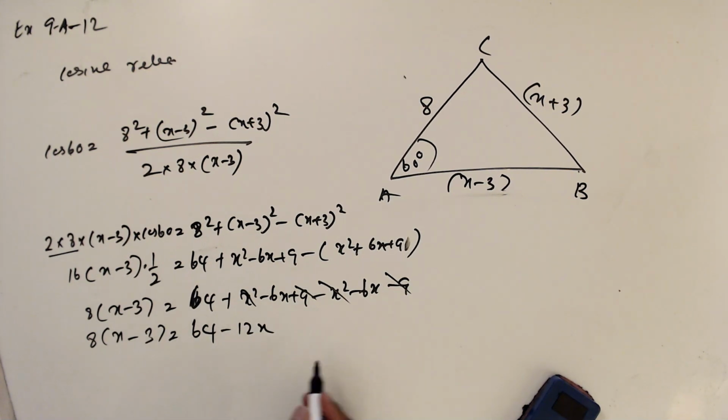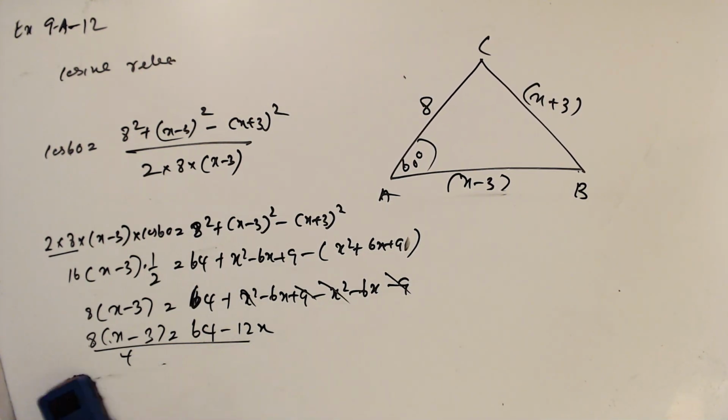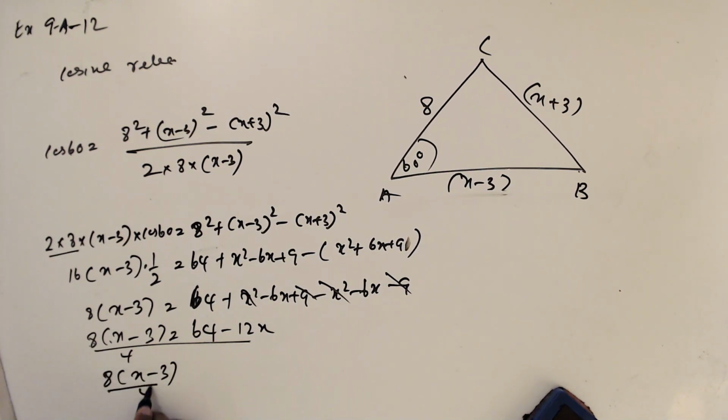I can simplify this one with 4. I can divide everything by 4. I will rewrite this one: 8 times (x minus 3) divided by 4, 64 divided by 4, 12x divided by 4.